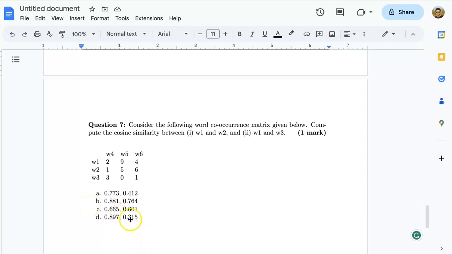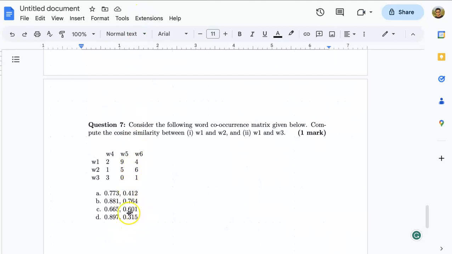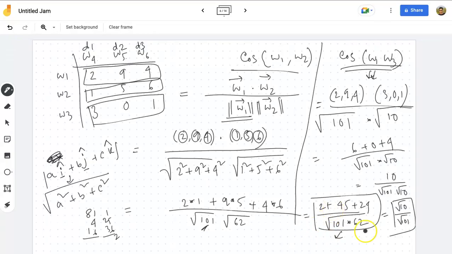Yeah, maybe D will be the correct answer, because if we divide 10 by 101 it comes to 0.099, and I am just seeing 3 here, so maybe this is the correct answer. 0.315 into 0.315. Yeah, number D. So D is the correct answer. If we calculate it, we will get that.